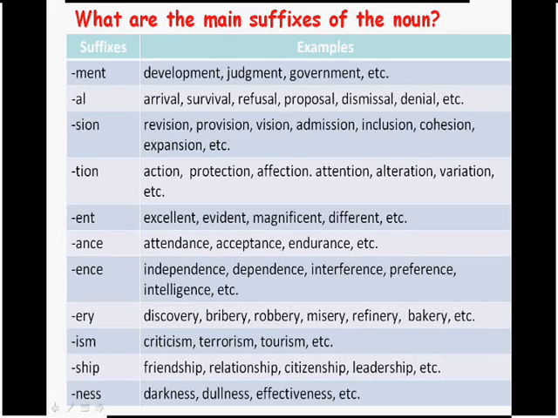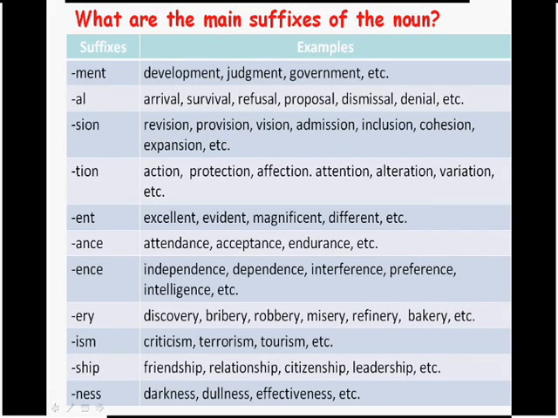Example, development, judgment, government. The second suffix is al. So we have arrival, survival, refusal, proposal, dismissal, denial. Okay, so here arrival is the noun of the verb arrive. So I put al at the end to say that I'm now talking about the noun.